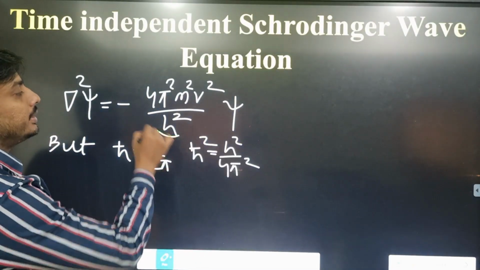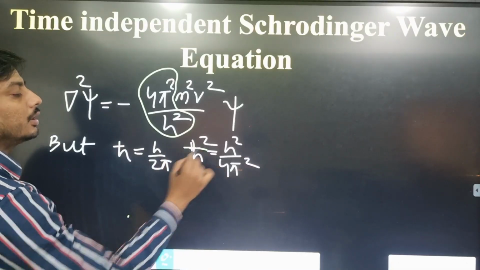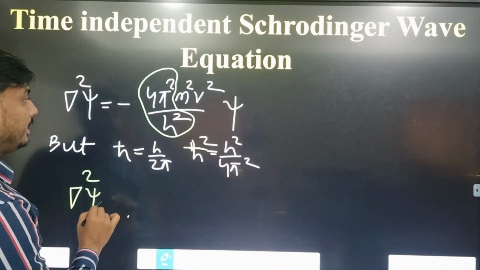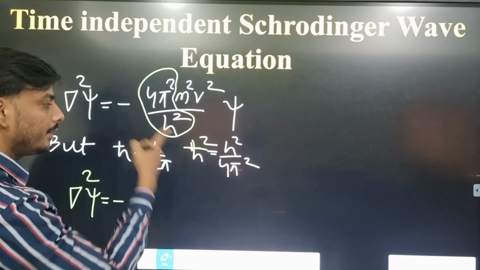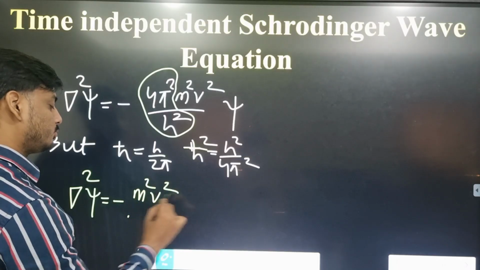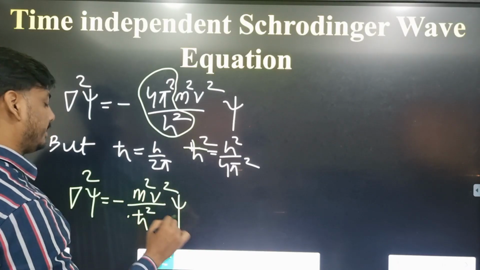So in place of this term we can simply write h cross square. So del square psi equal to minus, this term is there, so you can write m square v square divided by h cross square psi.